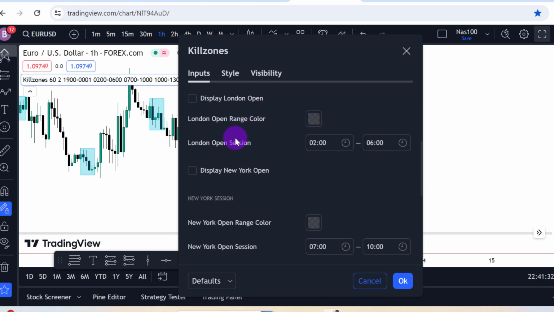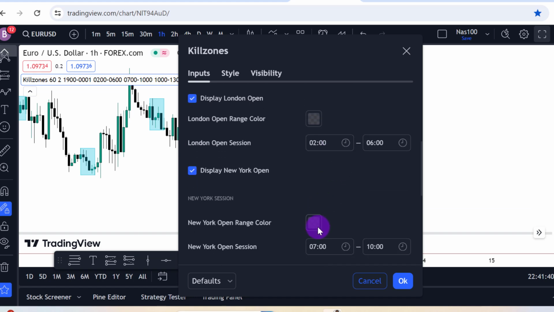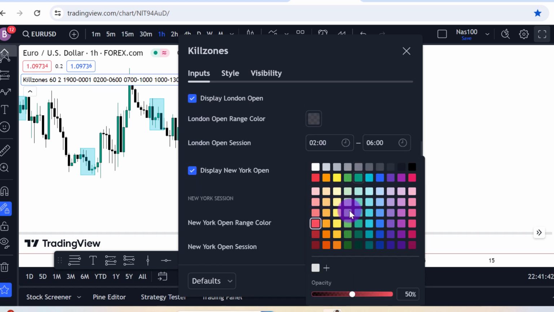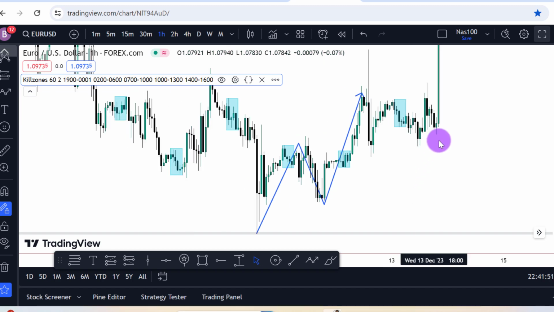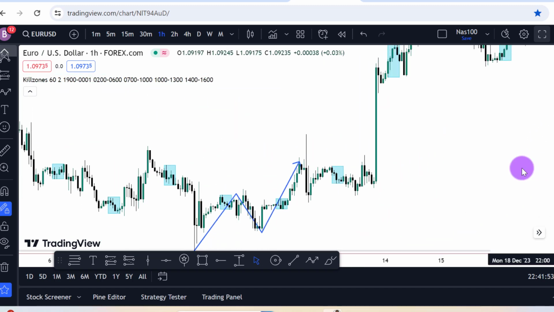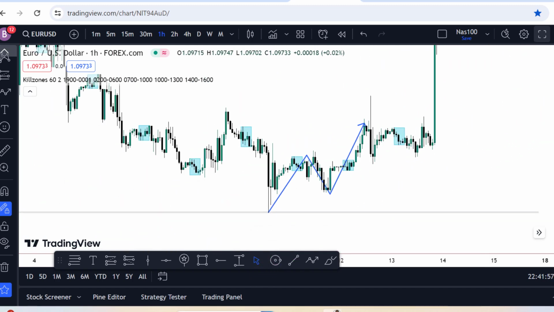It's going to come up, and you can also display the London Open and the New York Open. We can change the color of the New York Open to something like this. All right, so that's it.